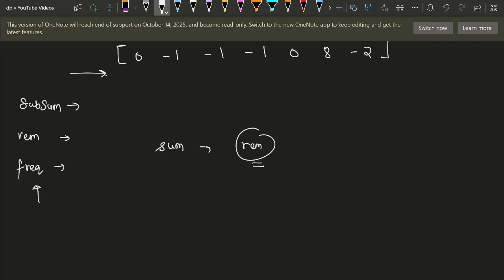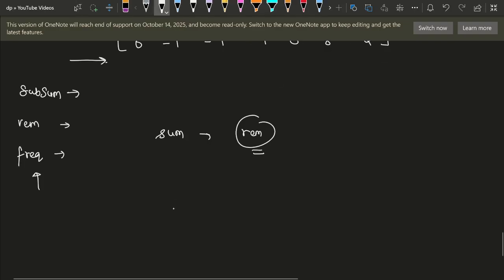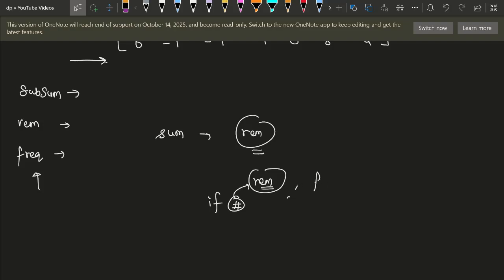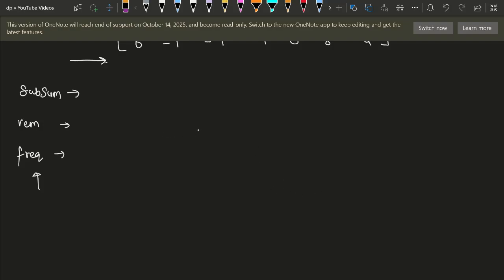And once we have calculated the remainder, we are going to check whether that remainder already exists or not. We need two things: does the remainder exist or not, and if so, what is the frequency of it? So for this reason we will be maintaining a map to store both these pieces of information.